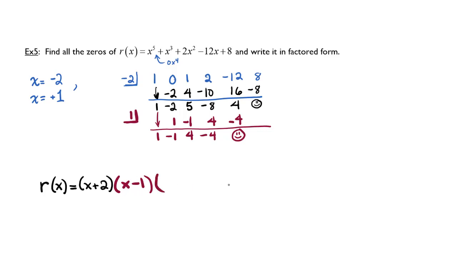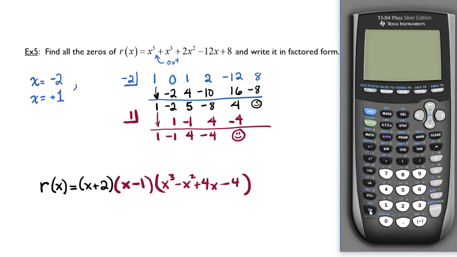And then the remainder, x to the 3rd minus x squared plus 4x minus 4. Remember on my calculator when I graphed this, I noticed that the multiplicity looked like it was 2 at the 0 of 1. I'm going to now try factoring out a 1 again.